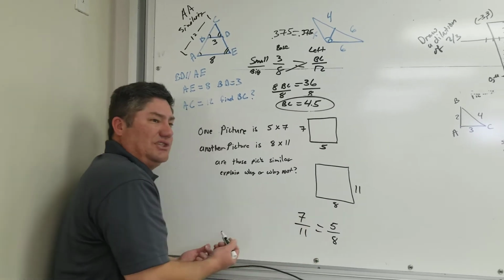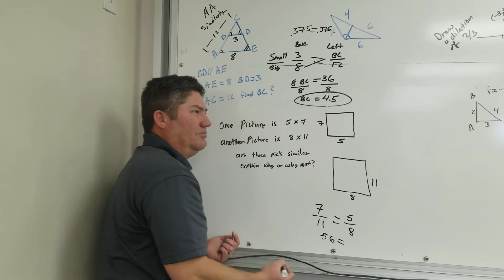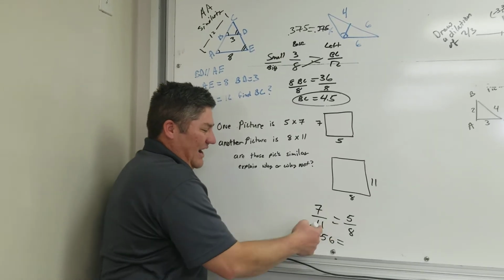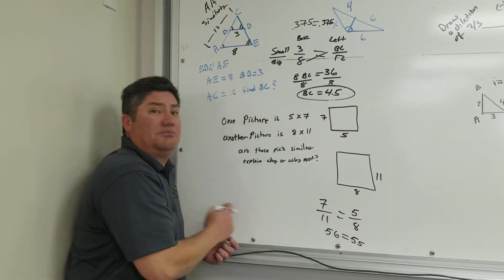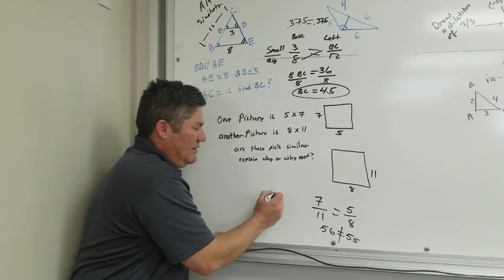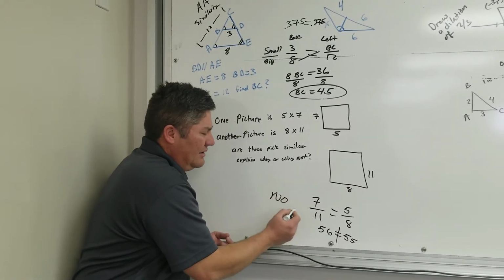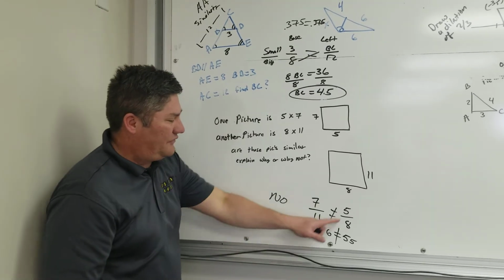What's 8 times 7? 56, I think, I hope. 8 times 7. And then 5 times 11 is 55. Those are close, but they're not exactly the same. So are these similar? No. Why? Because these were not equal. Now, if you wanted to, you don't have to cross multiply here.